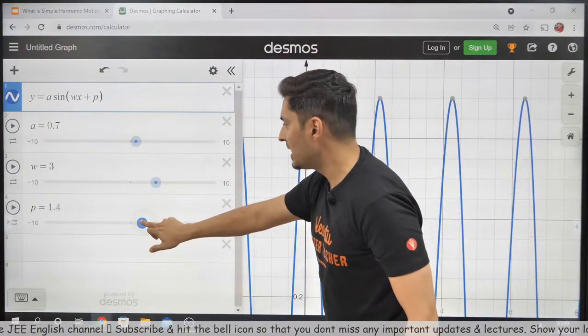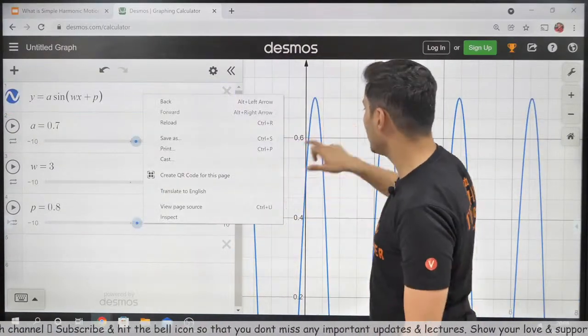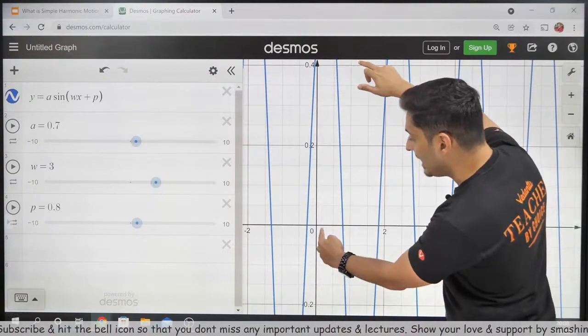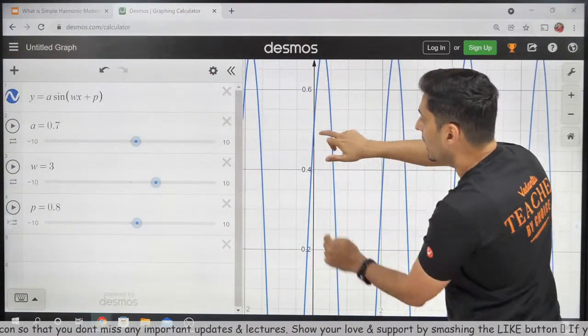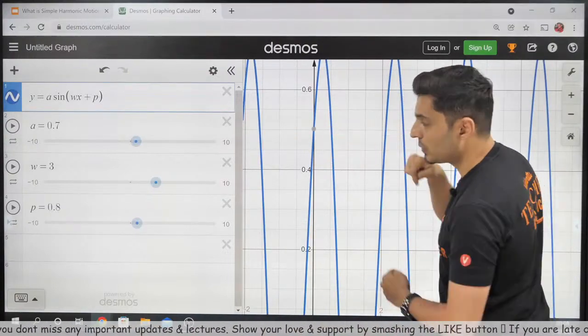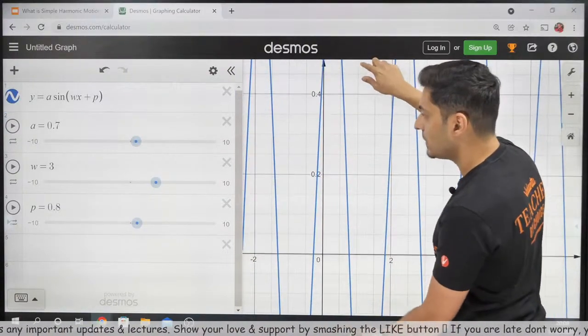If I make this P, let's say, 0.8, you will see when the horizontal value is 0, the vertical point already has some value.